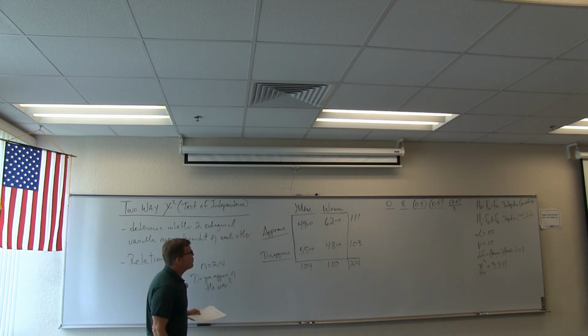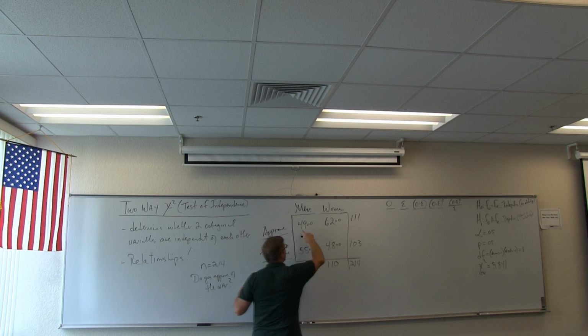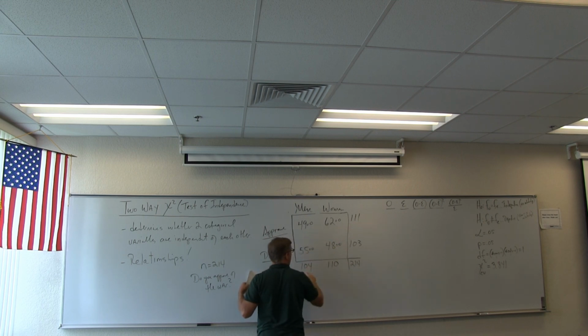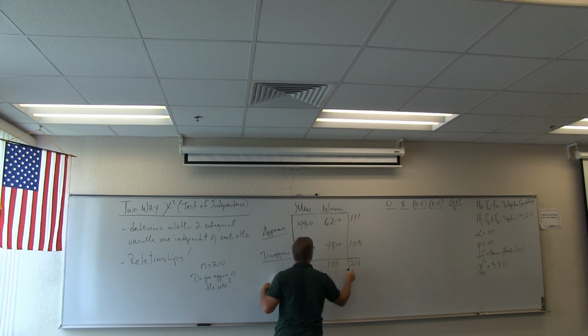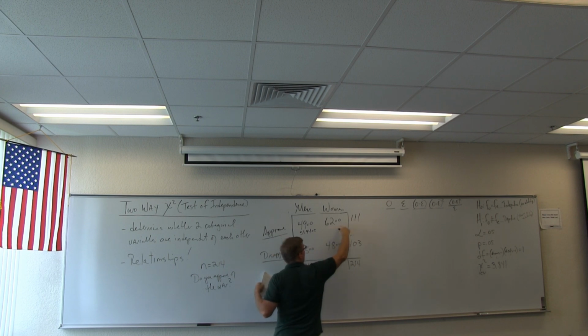Let's compute our expected frequencies. We'll do this exercise again. This time we only have to do it 4 times. We have 4 cells. We'll start right here. 111 times 104 divided by 214 gives us an expected frequency of 53.94. For this cell, 111 times 110 divided by 214 gives us an expected frequency of 57.1.